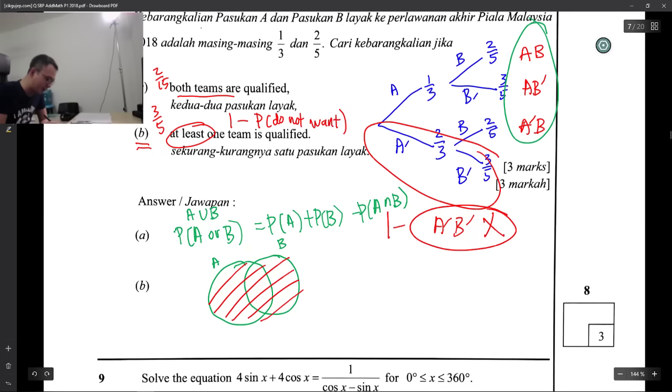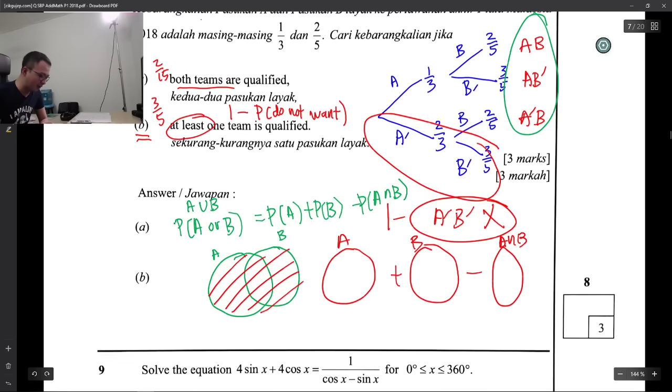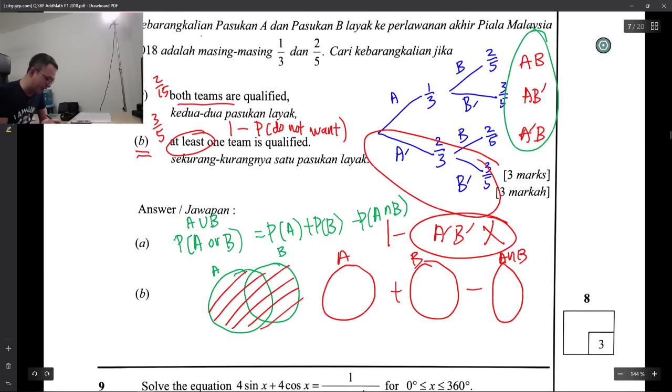So you use A plus B minus the middle, the intercept part, A intercept B.